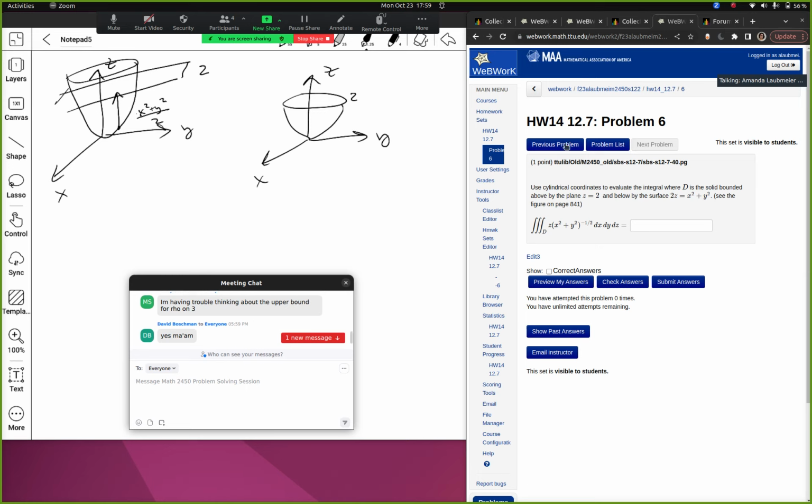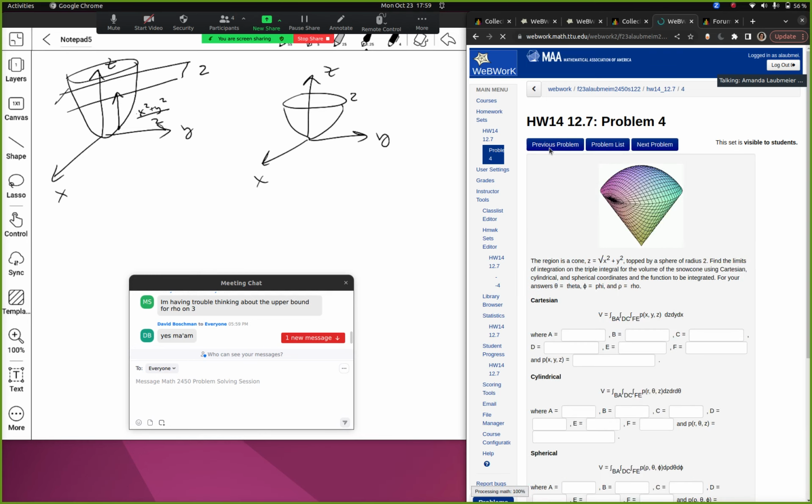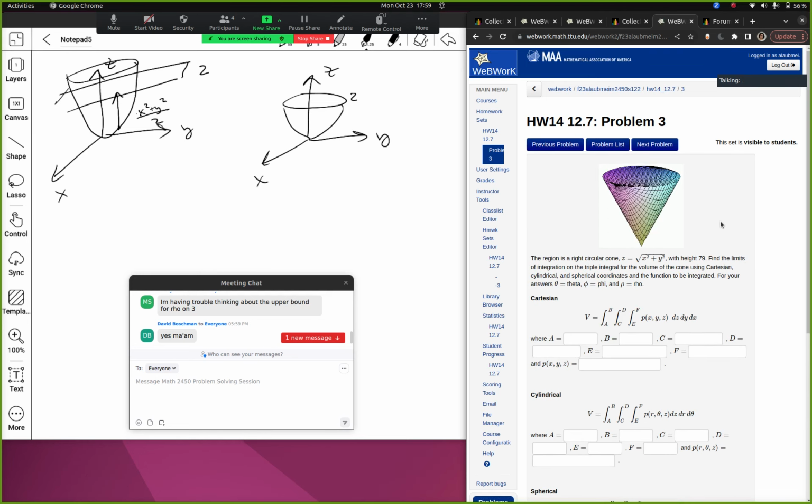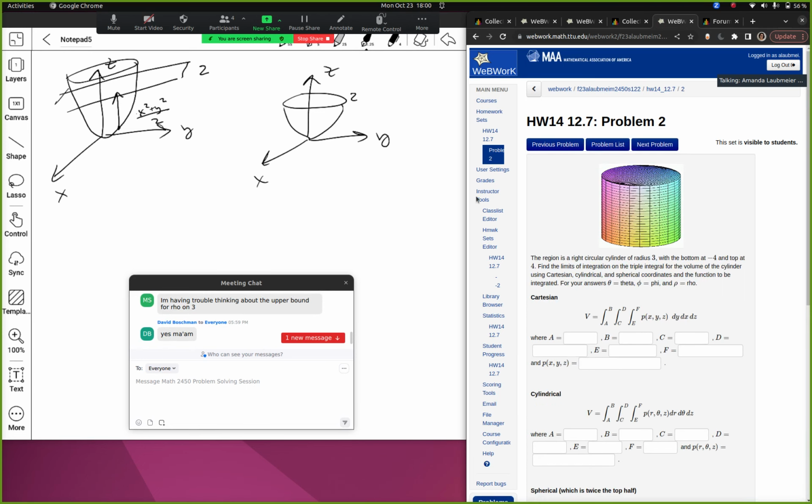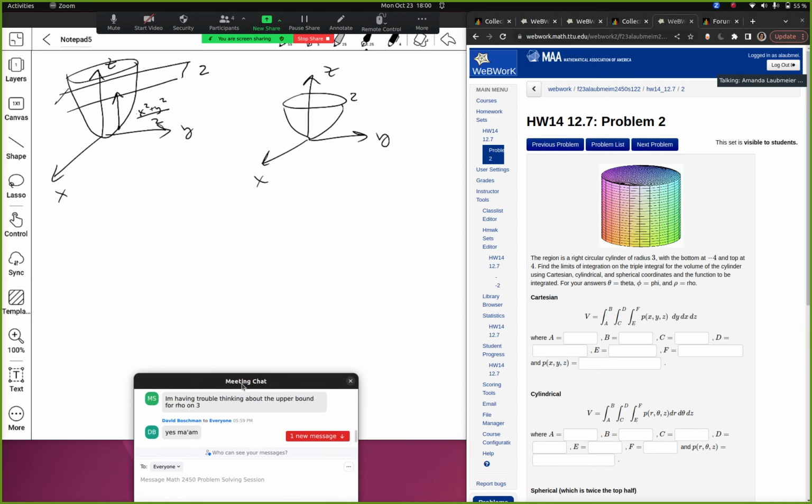And then Macy, having trouble thinking about the upper bound for rho on problem 3. Okay, so the upper bound for rho on problem 3 here looks tricky, except it's actually the same as if you took this cylinder right here on problem 2. The part where we were thinking about rho going up to that flat part, it's actually the exact same on problem 3.